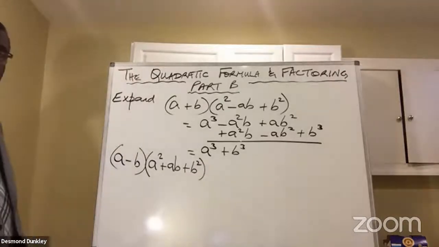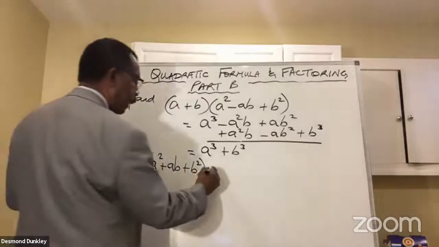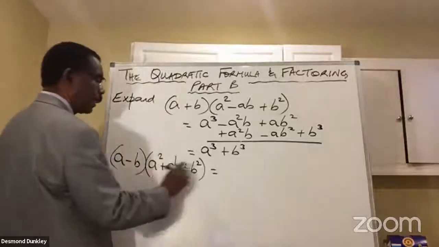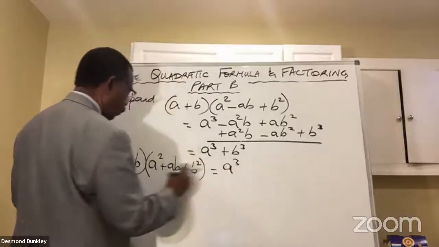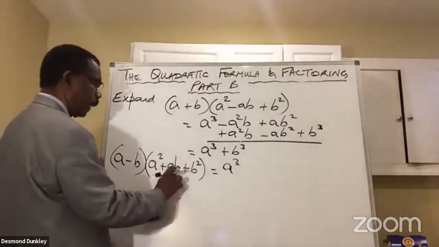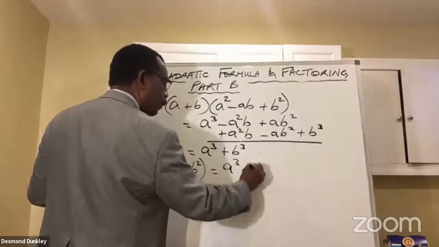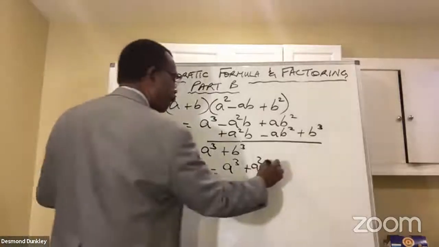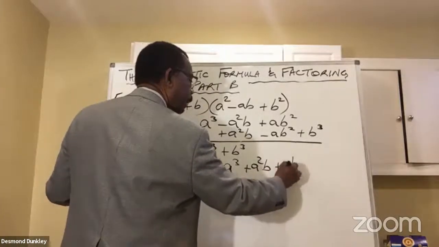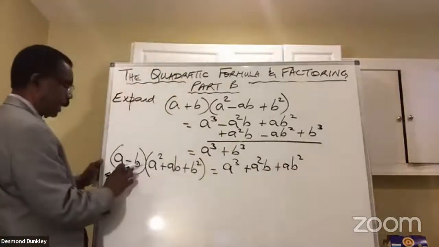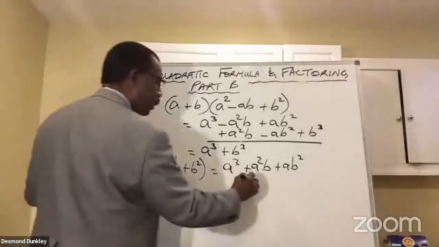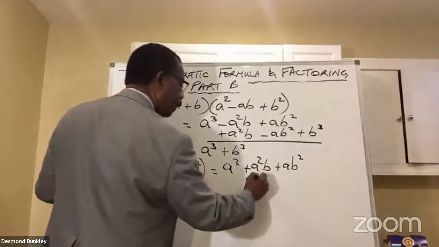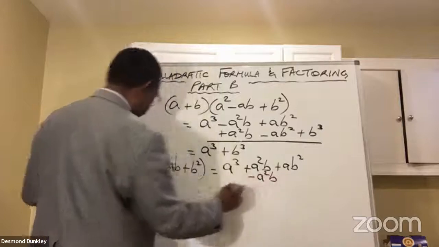If I gave you that, you're going to find that it's equal to a times a squared, a cubed. A times positive ab is plus a squared b. A times positive b squared is plus ab squared. And then negative b times a squared is negative a squared b.